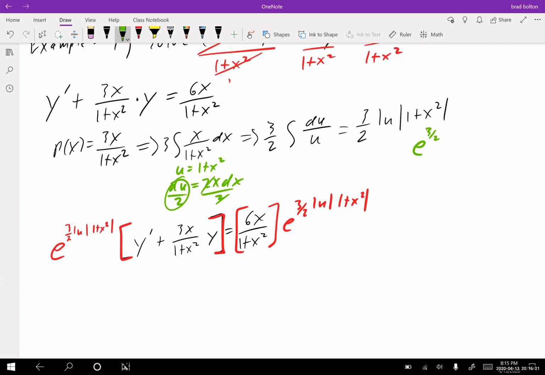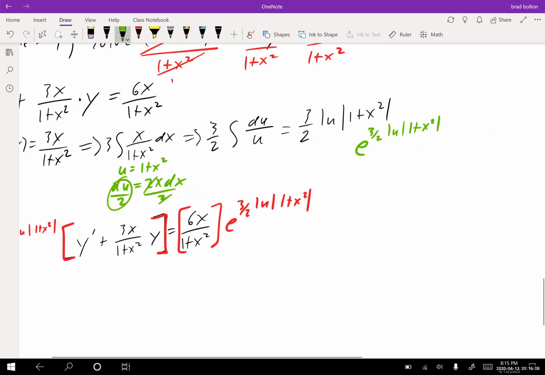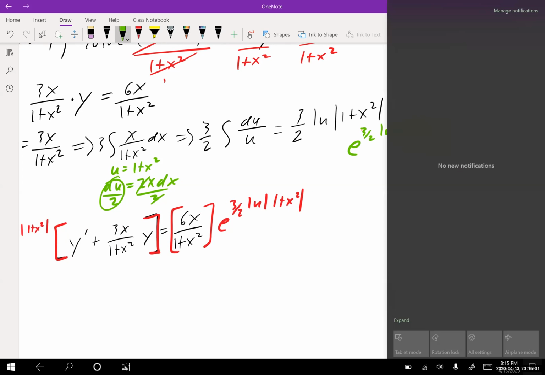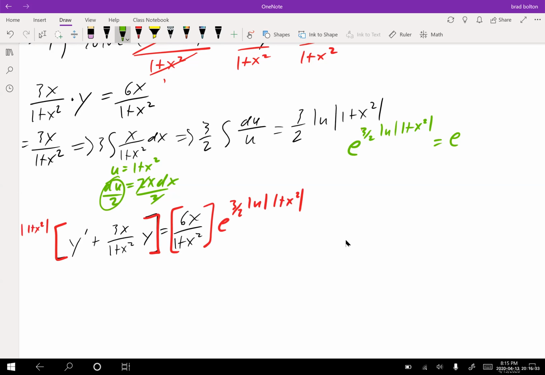We're going to do e to the 3/2 ln of the absolute value of 1 plus x squared. But we know that that is actually the same as e to the ln of the absolute value of 1 plus x squared to the 3/2 power. Remember, you're allowed to put the exponent up top. Now this, the e to the ln, will wipe each other out, and we're left with 1 plus x squared to the 3/2. You get rid of the absolute values when you use that property.